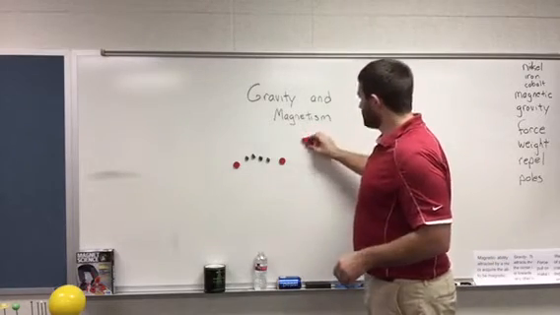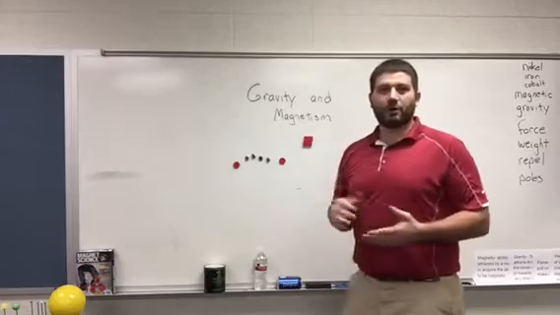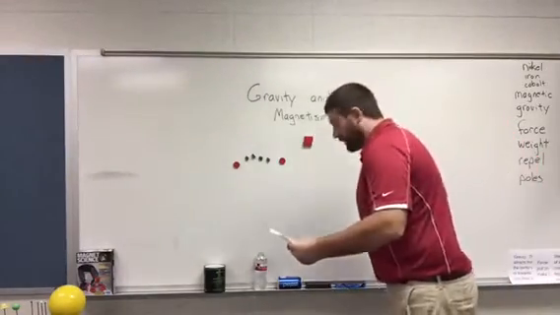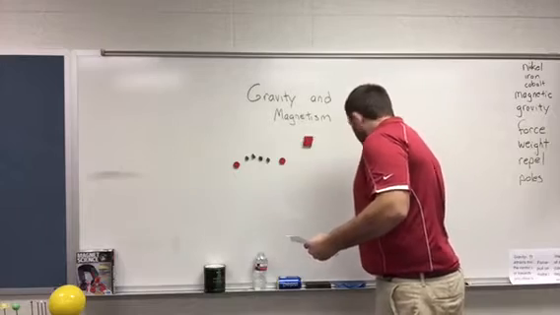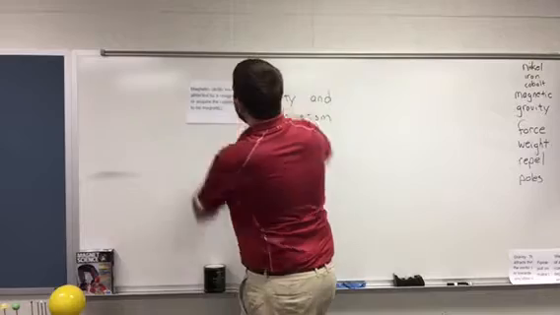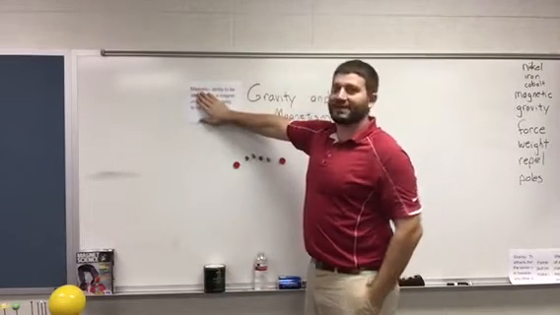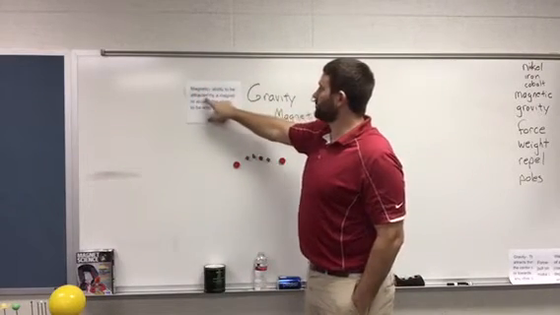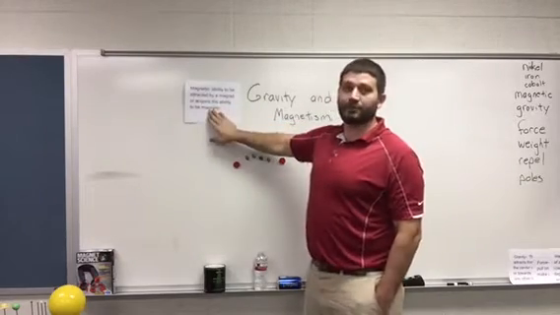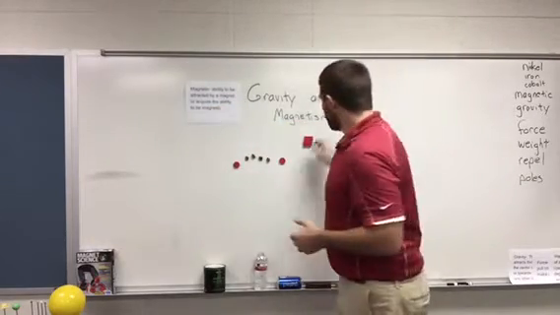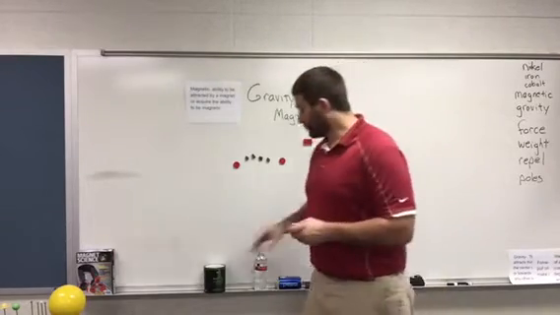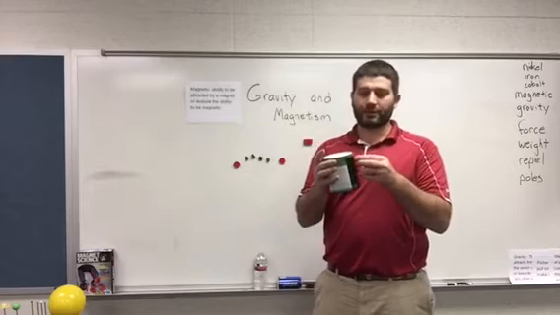And so let's go ahead and take a look at some of our vocabulary terms. The first one we have is magnetic, and you're going to want to write this in your journal, so make sure you have your journal out. If something is magnetic, it has the ability to be attracted by a magnet or acquire the ability to be magnetic itself. So if something is magnetic, like a piece of metal, it is attracted to a magnet.